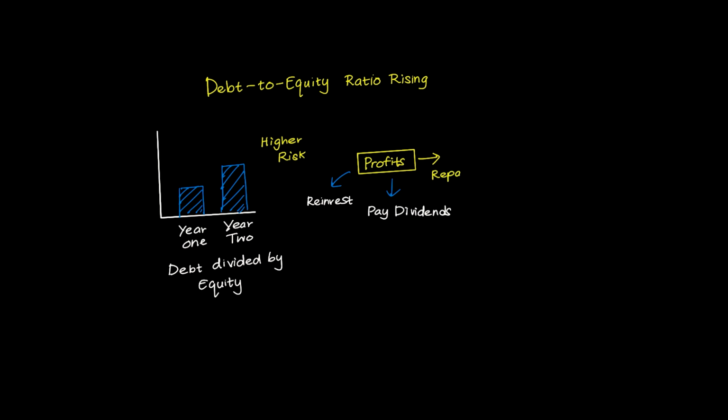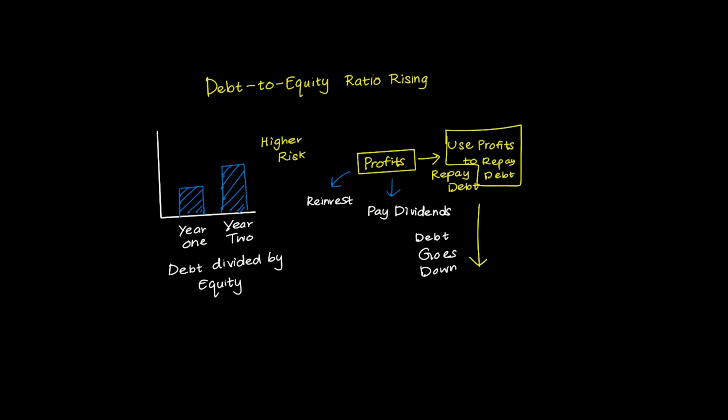When the company makes a profit, management has choices about what to do with that money. They can reinvest it, pay dividends to shareholders, or use it to pay down debt. By applying profits to debt repayment, the company directly reduces the numerator in the debt-to-equity ratio, bringing the ratio back down.